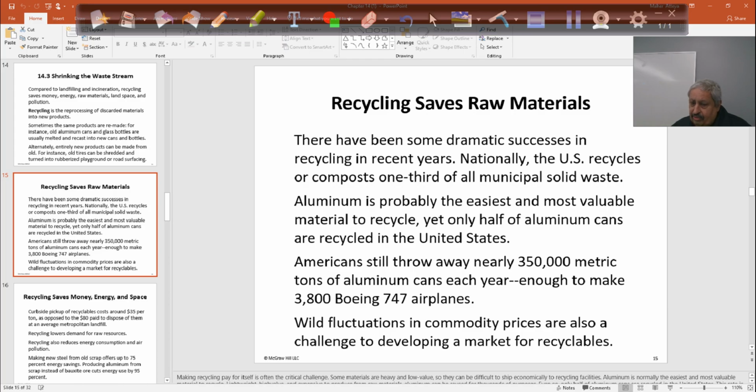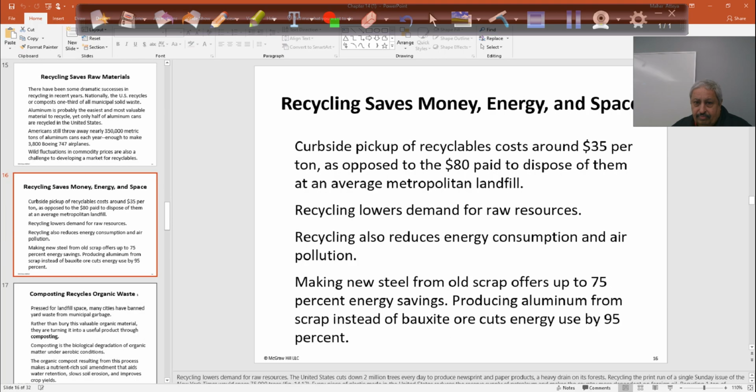Wild fluctuations in commodity prices are also a challenge to developing a market for recyclables. Recycling saves money, energy, and space. As you can see, this is a very important feature of managing and controlling the waste.